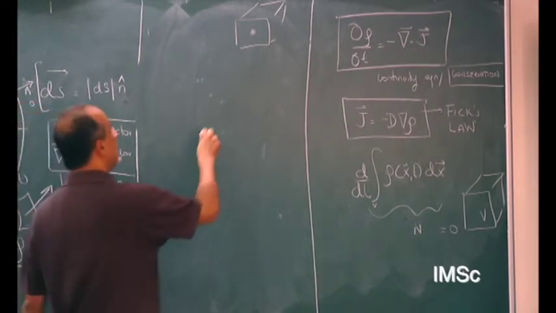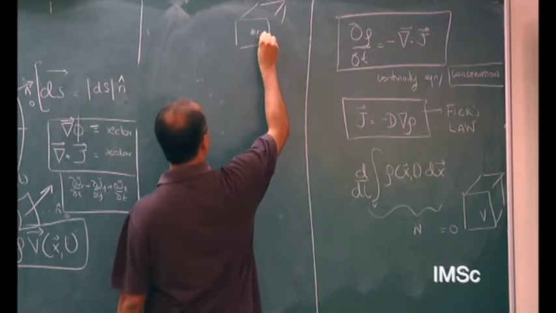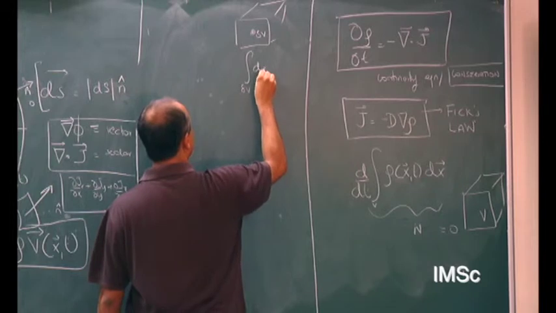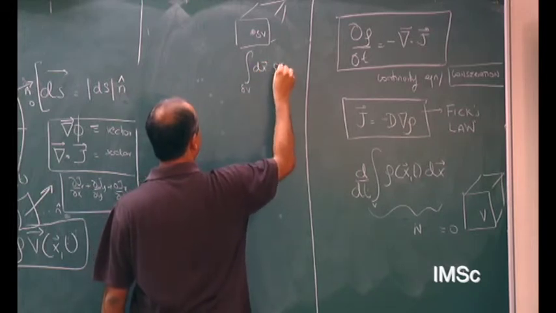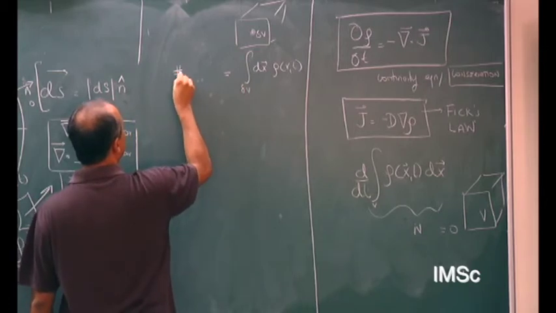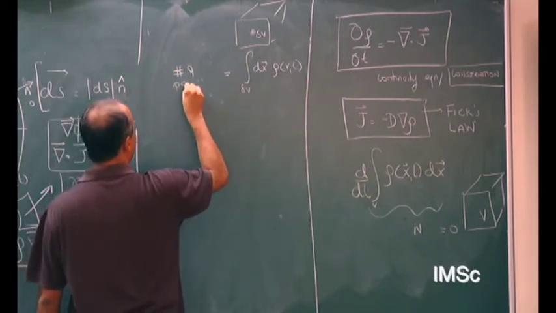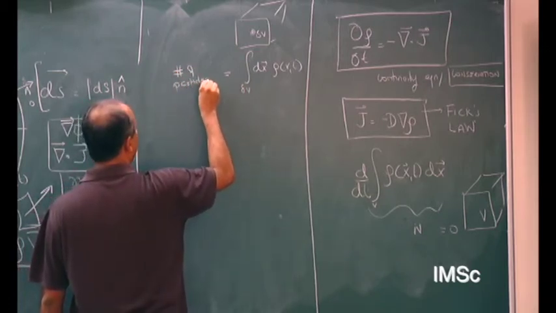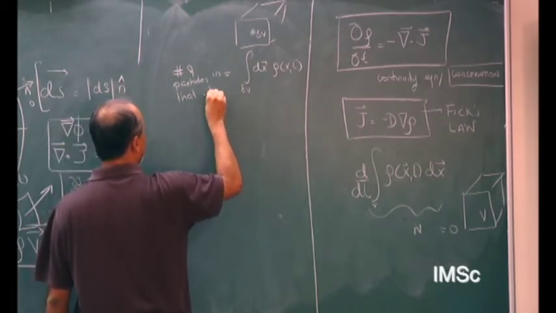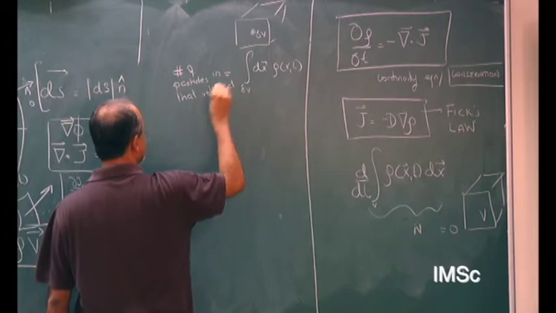So suppose this little volume here is some delta V. And by integrating over this little volume dx, rho of x comma t, this is the number of particles in that volume at time t.